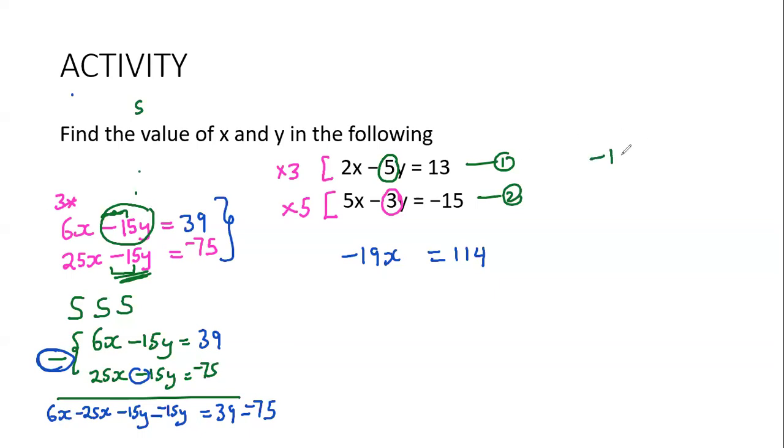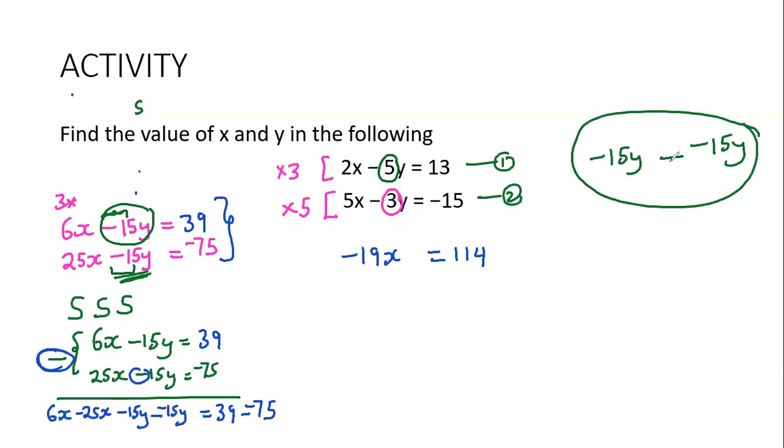If you have negative 15y and another negative 15y, the only way this can reduce to 0 is when you subtract them. So when this and this have the same sign, subtract. If the signs are different, then you add.